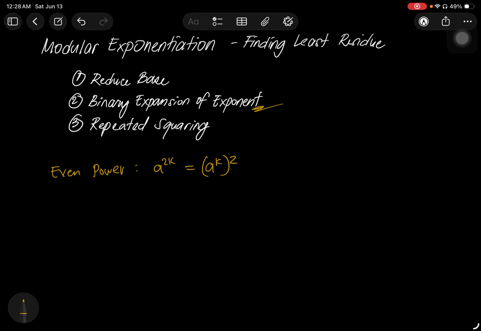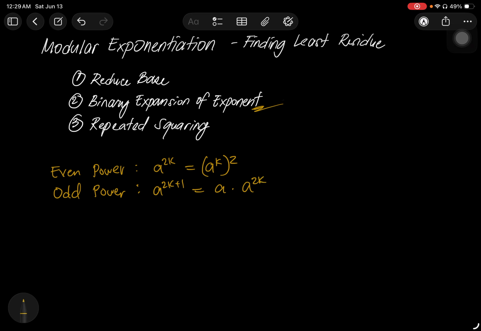And just to have a short recap, an odd power is also equal to a raised to 2k plus 1, which we can also write as a multiplied by a raised to 2k.